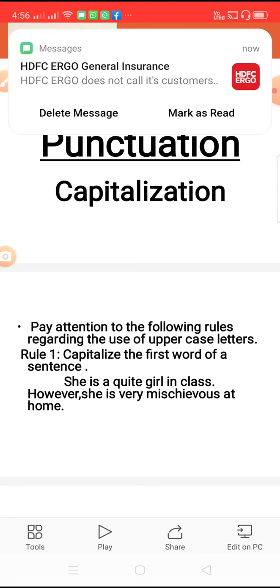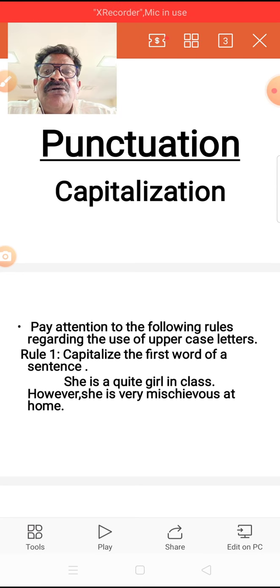When we start grammar in 8th standard, we'll start with sentence. What exactly is meant by a sentence? It's a group of words consisting of a complete meaning is called a sentence.